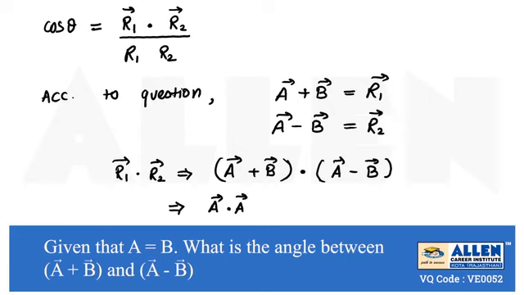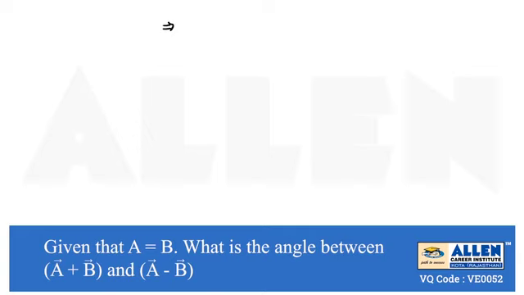We are opening the bracket. The next term is A dot B in negative. The next term is B dot A, and the last term will be B dot B. So we are going to use properties of the dot product here. A dot A represents a self dot product.